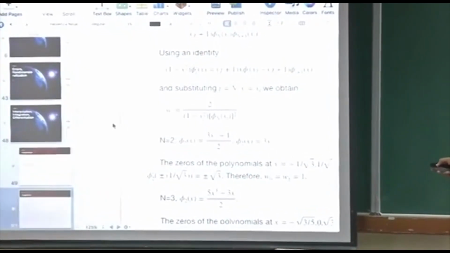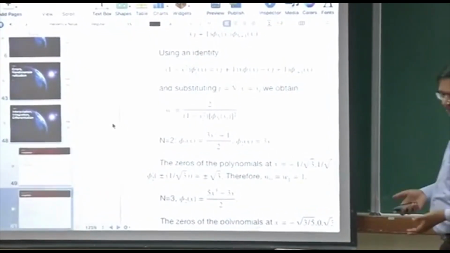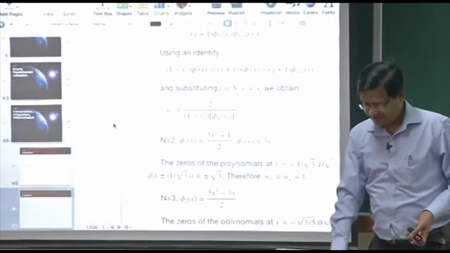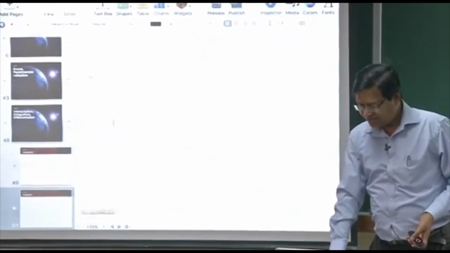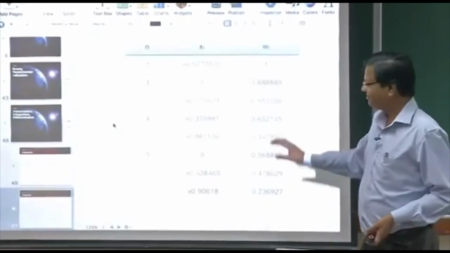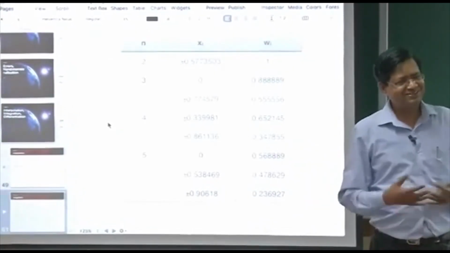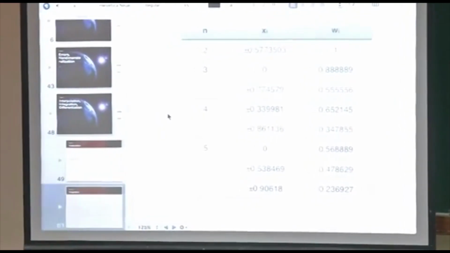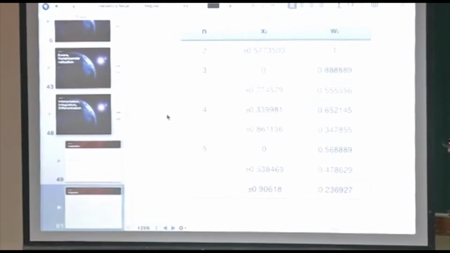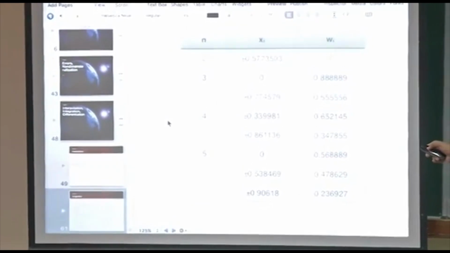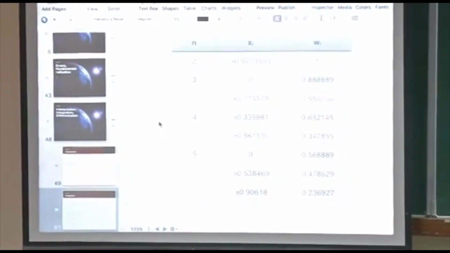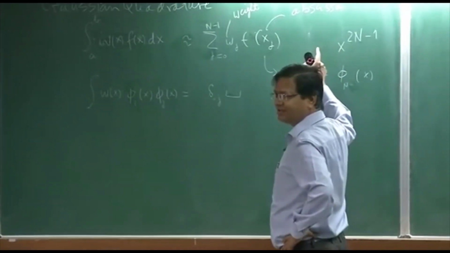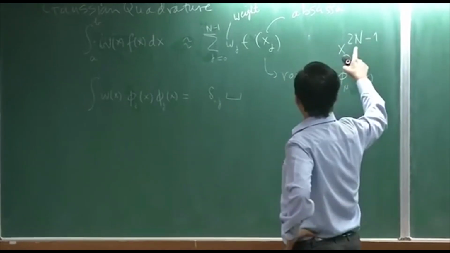This is a formula, but what is given is a table. You don't need to calculate first hand. Somebody has done all the work, and you can use this table. So the table for n equal to 2. I want accuracy up to x squared, x cubed. Then I should choose n equal to 2.